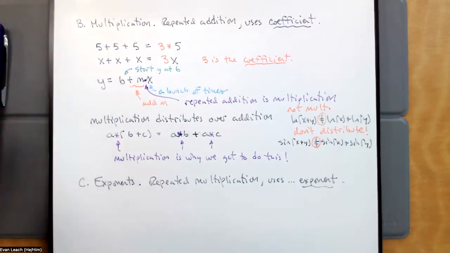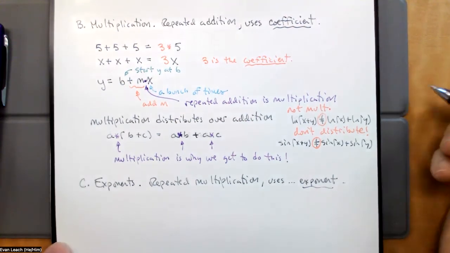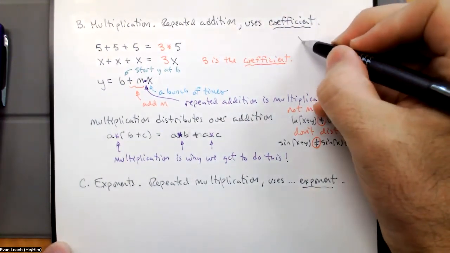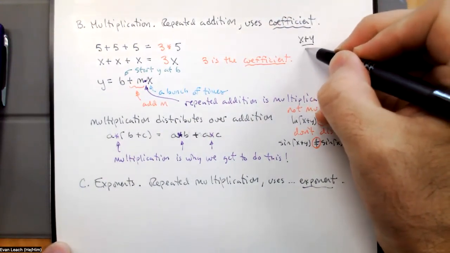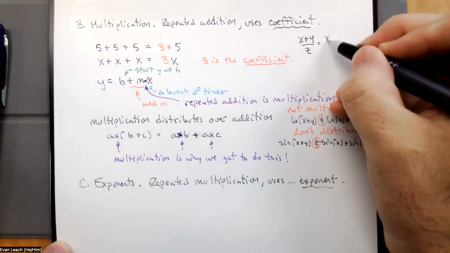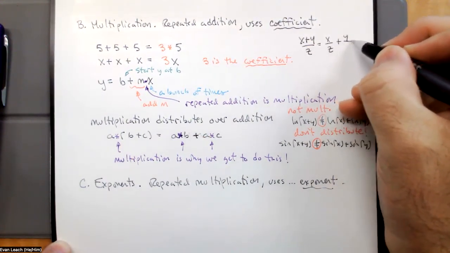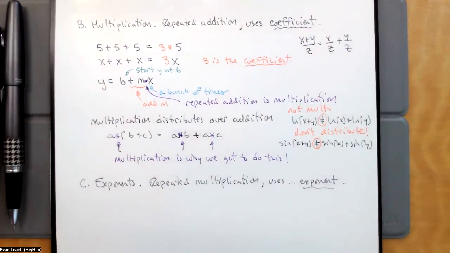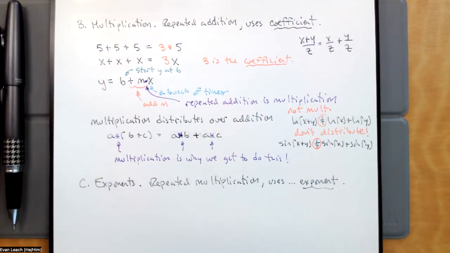Here's another one. However, if I have, say, x plus y over z, that is x over z plus y over z. Multiplication distributes over addition, so does division, because division is multiplication by reciprocals. I guess I wasn't ready to write exponents.